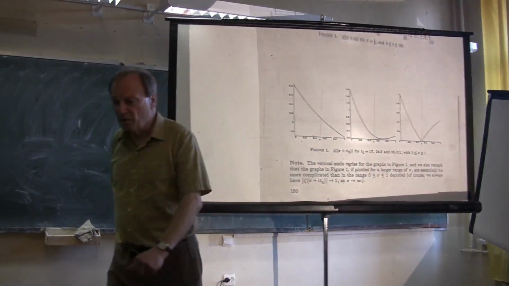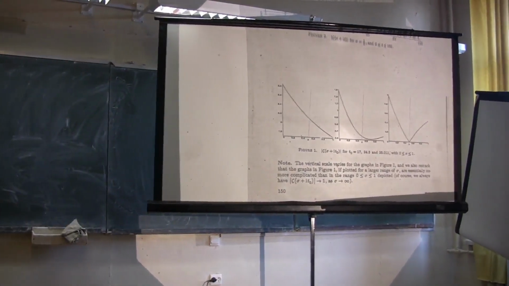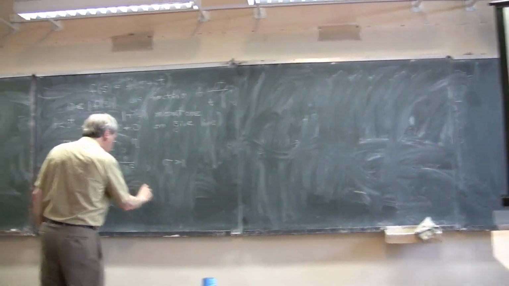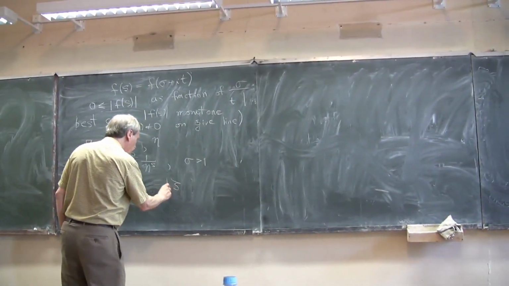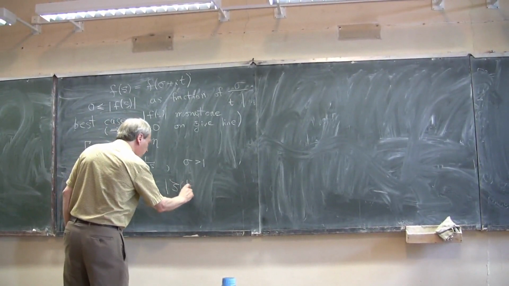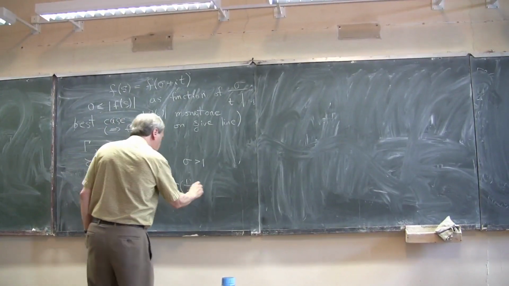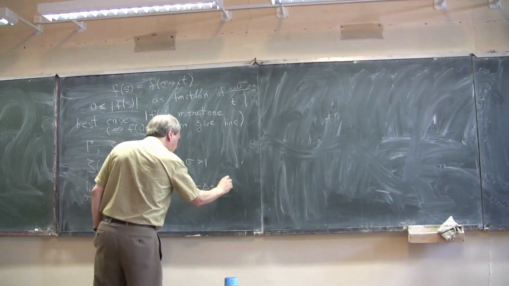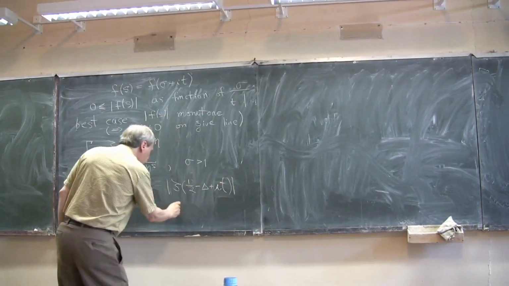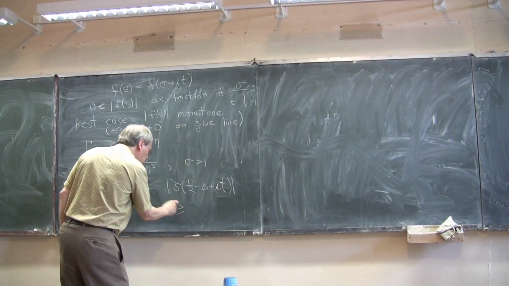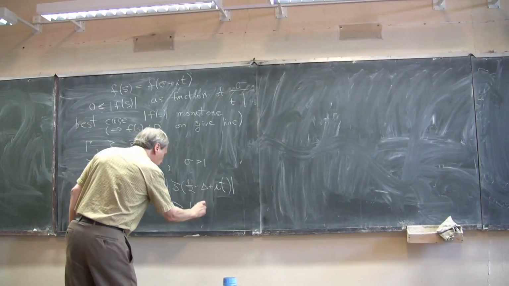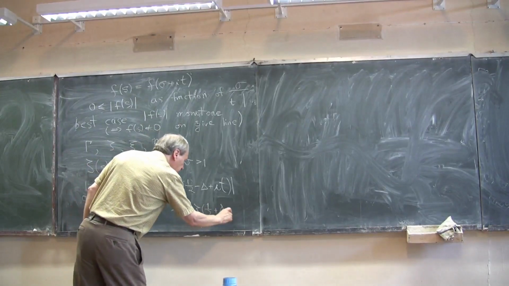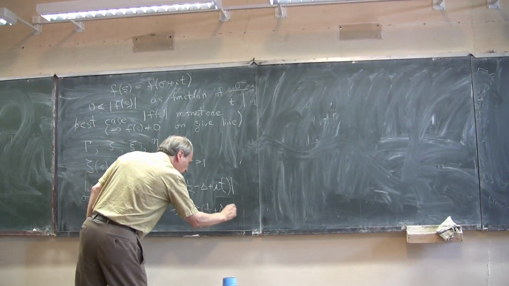So the theorem we proved was that the modulus of zeta of 1/2 minus delta plus it is greater than or equal to the modulus of zeta of 1/2 plus delta plus it.